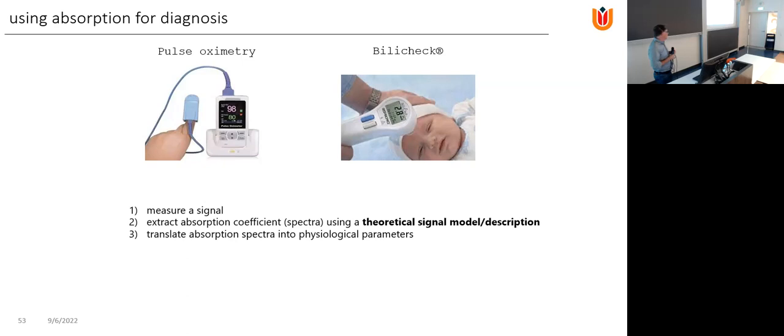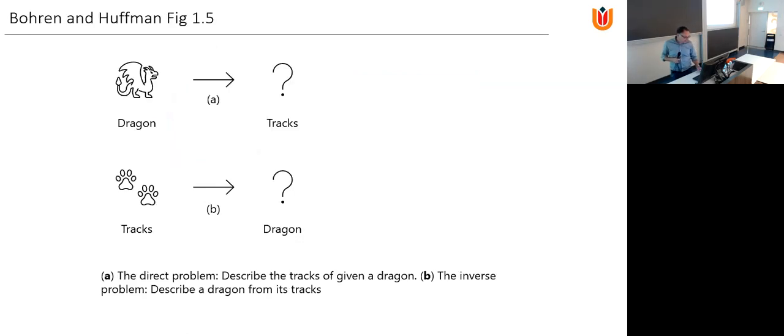So basically, the sequence of events is we measure a signal, we extract the absorption coefficient, or the absorption spectra, based on a theoretical signal model, or theoretical signal description of our apparatus. And then we try to translate these absorption coefficients, these absorption spectra, back into the physiological parameter that we're interested in, for example, oxygen saturation or bilirubin levels.